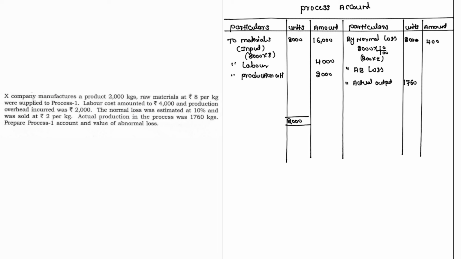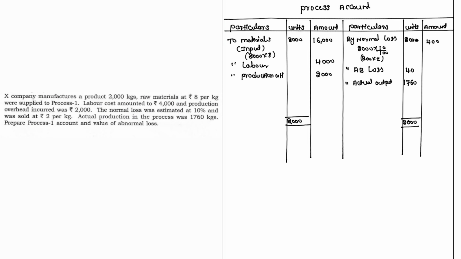Same balance you put on the credit side, 2000. Take the balance now. 2000 minus 1760 minus 200. So abnormal loss units will be 40. So we know units, but we have to identify the value of abnormal loss.